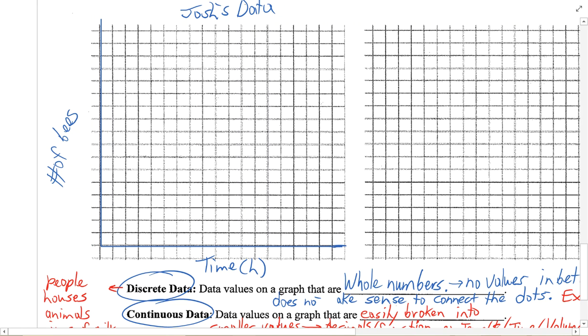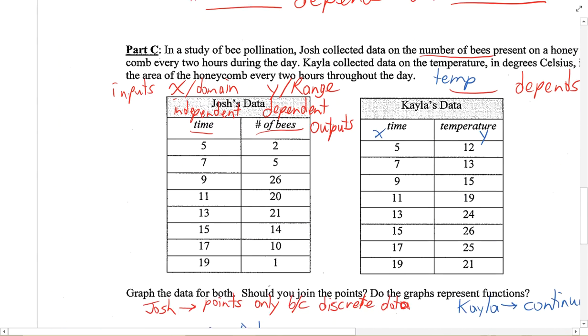Okay, so then we have to decide on what we should do for the number of squares. So when we count, let's count the number of squares we have. 1, 2, 3, 4, 5, 6, 7, 8, 10, 11, 12, 13, 14, 15, 16, 17, 17 squares, okay? So for Josh's data, we had 17 squares.